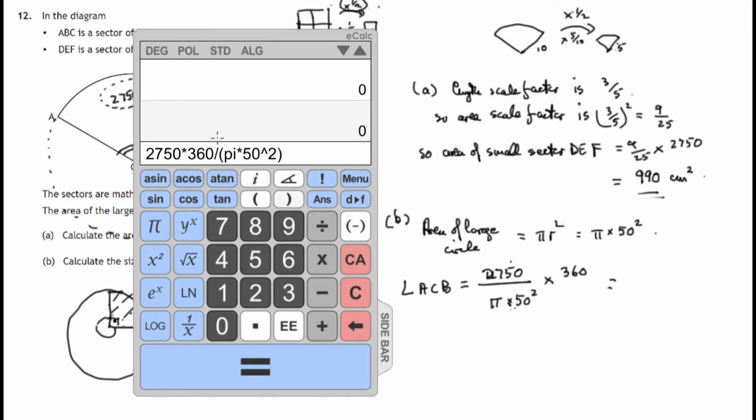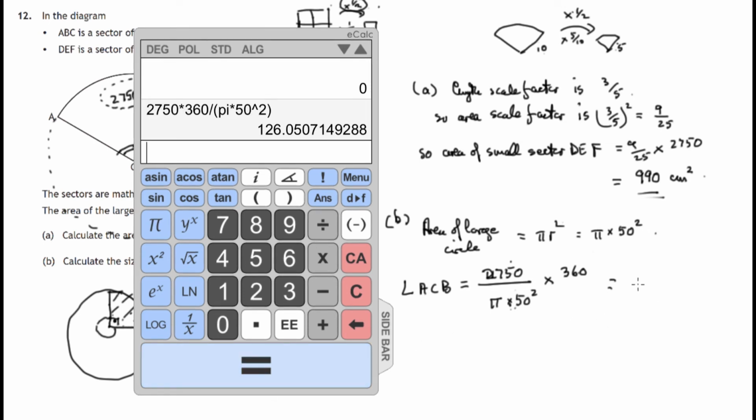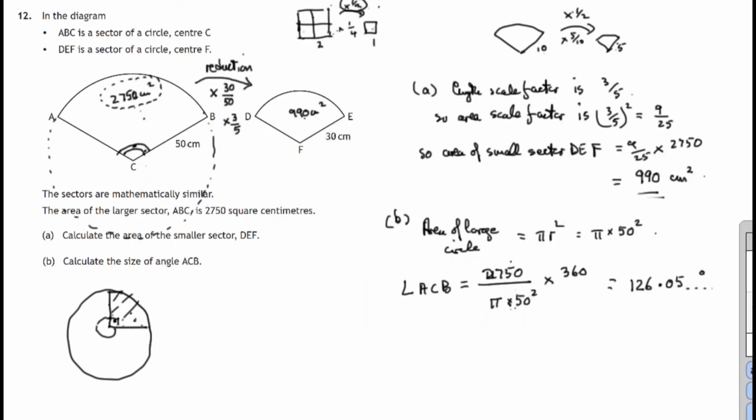Better close the brackets, that's the whole of the bottom line, pi times 50 squared. So let's work that out. It's 126.05 degrees. Now let's round that off to the nearest degree. So angle ACB is approximately 126 degrees to the nearest degree.